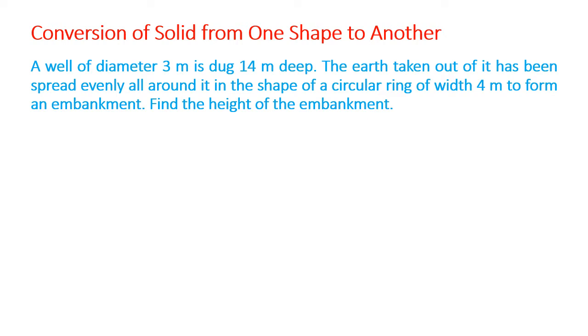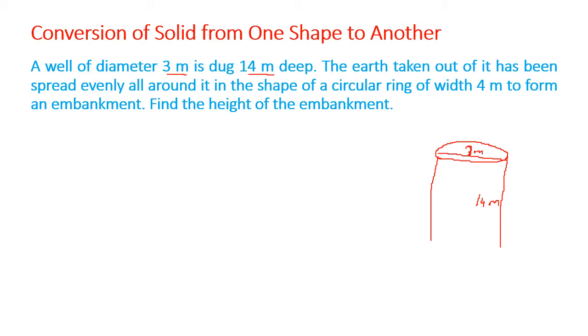What do we have here? A well of diameter 3 meter is dug 14 meter deep. So we are digging a well. The well is usually in the shape of a cylinder deep in the earth. We have dug 14 meters deep, so the depth is 14 meters and the diameter of the well is 3 meter.